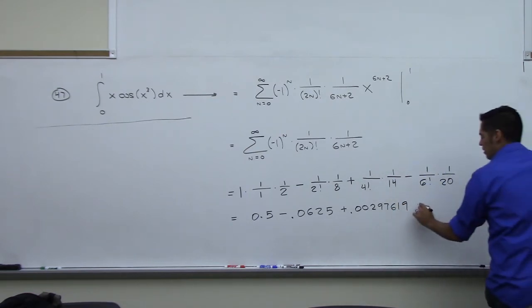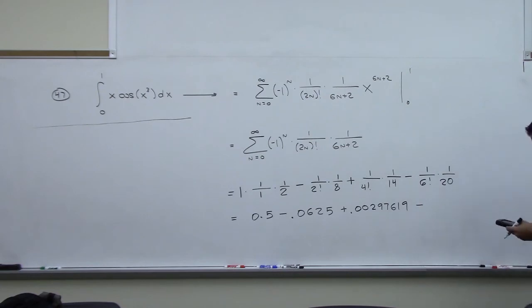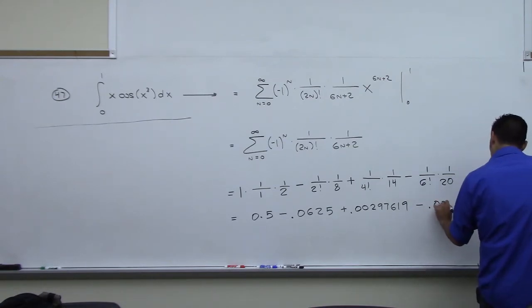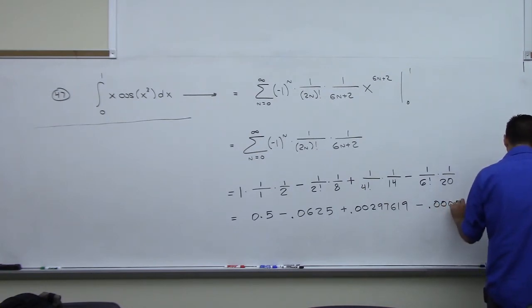And then minus, now this one, 1 over 6 factorial times 1 over 20. This one is 0.000, there's 4 zeros, 0694.